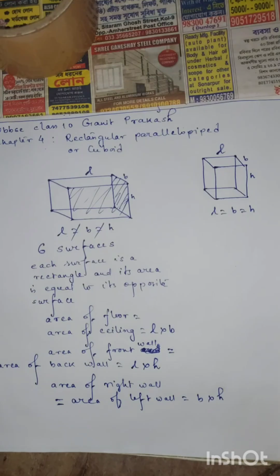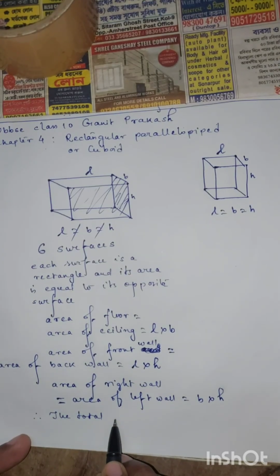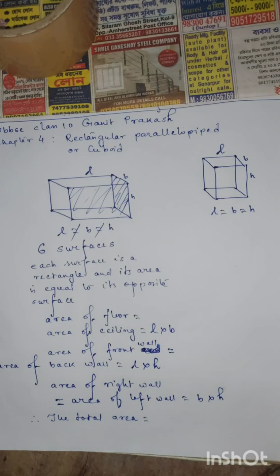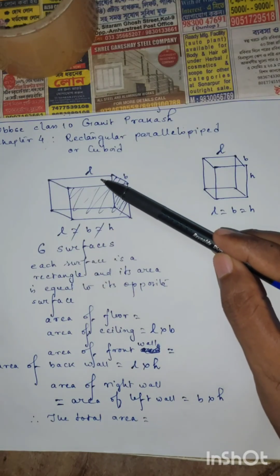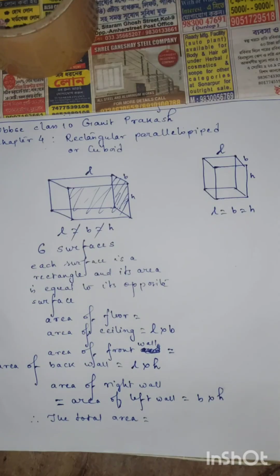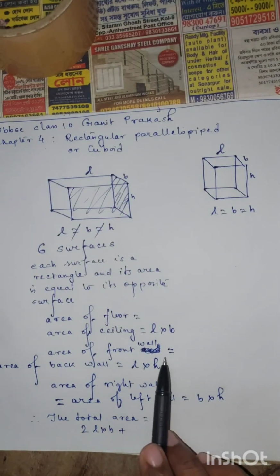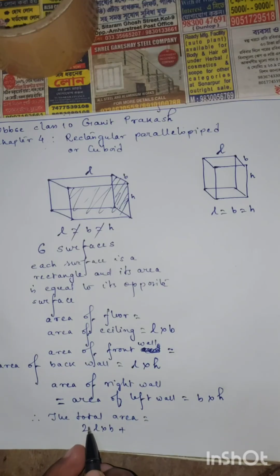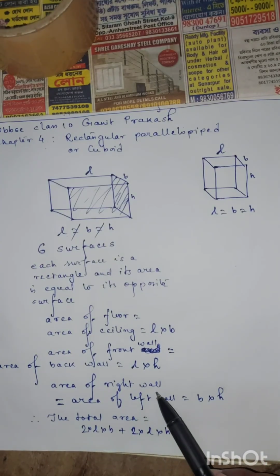So if we talk about the total area, we have 6 surfaces. Therefore the total area is equal to the area of ceiling plus floor, so that is twice of L into B, plus the area of front wall and back wall, so 2 times length into H, plus area of right wall and left wall, so 2 times breadth into height.